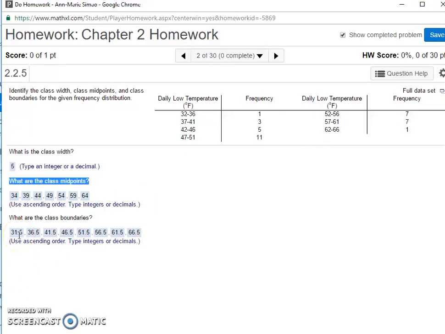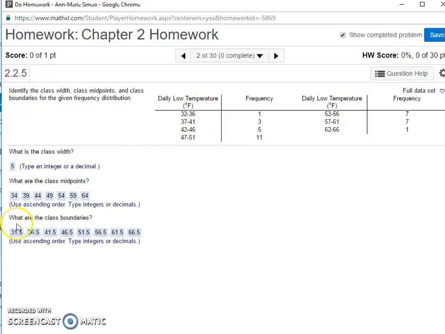So my class boundary is almost always going to have this 0.5. And what it's going to be is, you notice how 1/2 before 32 is 31.5. And then right in between 36 and 37. So my upper class limit of my first class is a 36. My lower class limit of my next class is a 37.